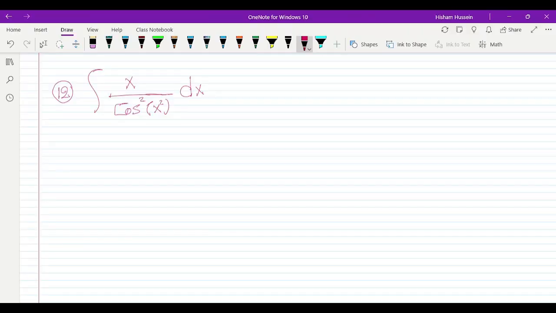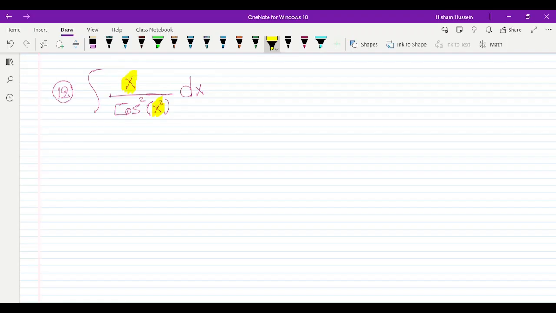Okay, now how can we think about the integral of this function? Here we have x divided by cosine squared of x squared. So we are looking for an inner function and the derivative of this inner function. I think it's clear we have here x and x squared, and from this we can conclude that the inner function is x squared and the derivative of this inner function is x.